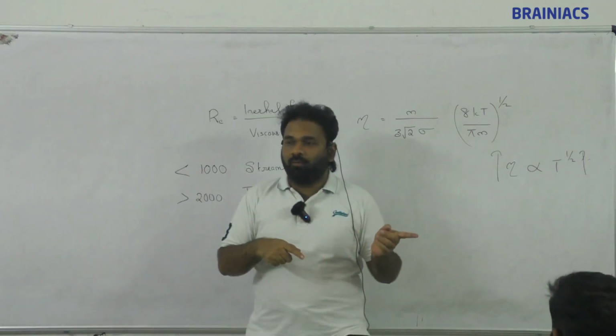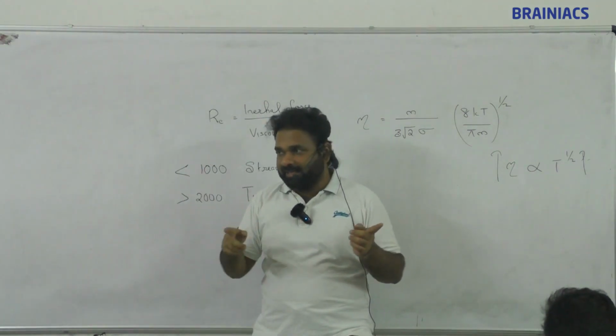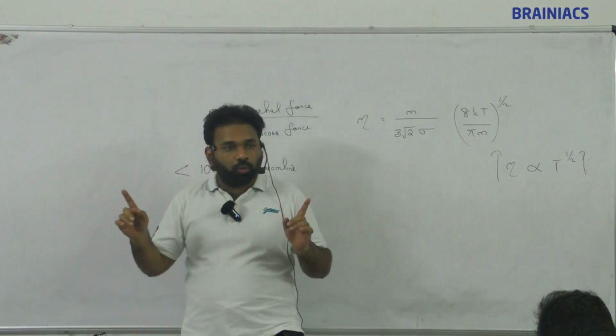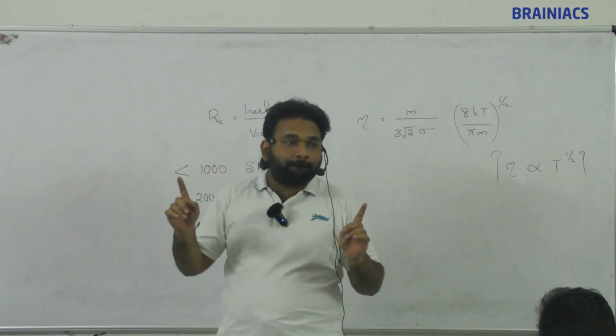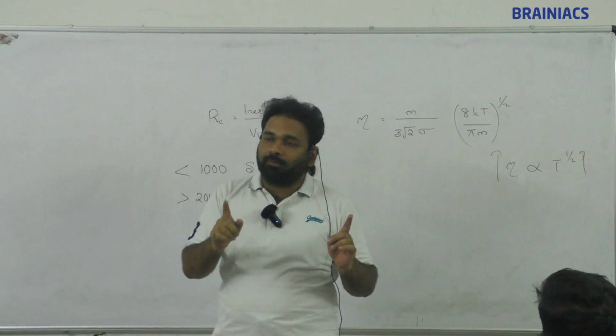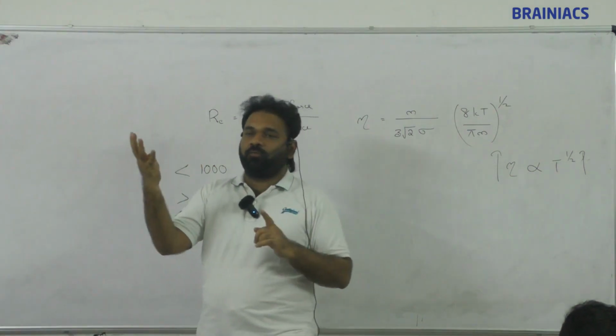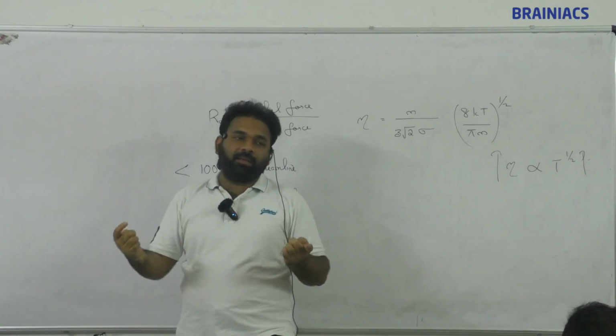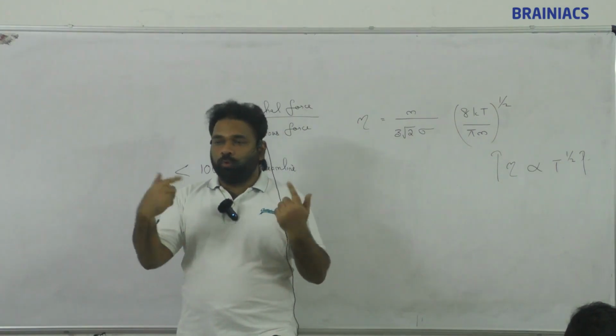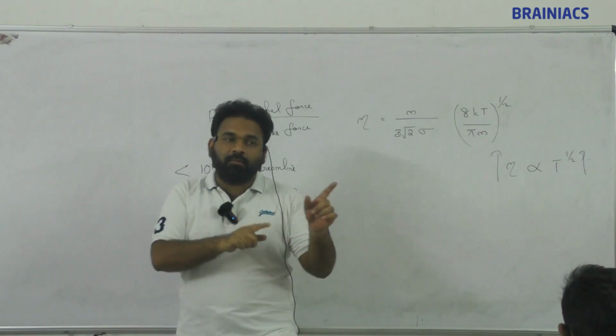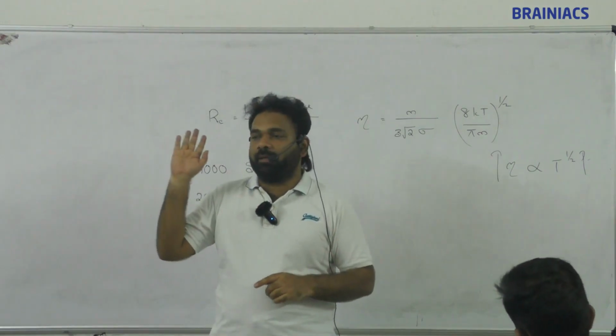Third formula, 4 pi T into R square into capital R divided by small r minus 1. Fourth formula, 4 pi R cube into T into 1 by small r minus 1 by capital R.